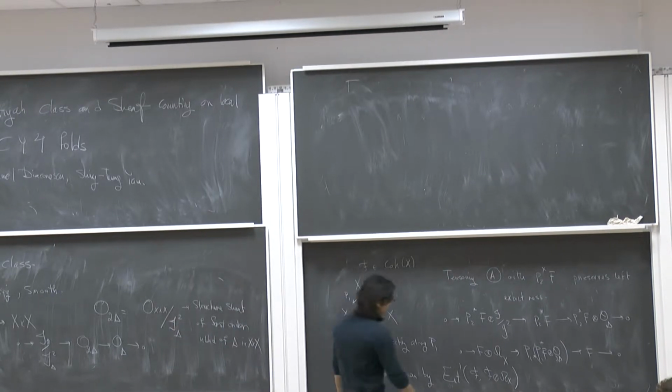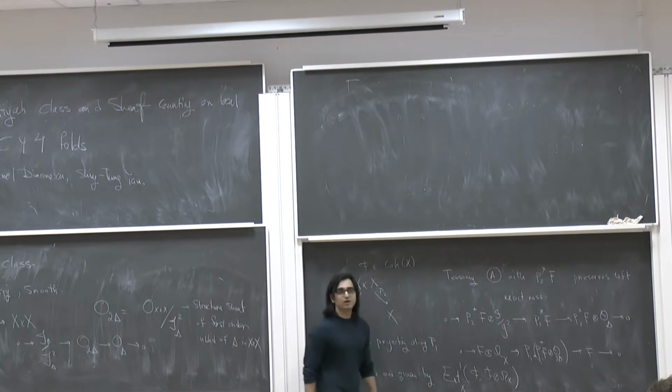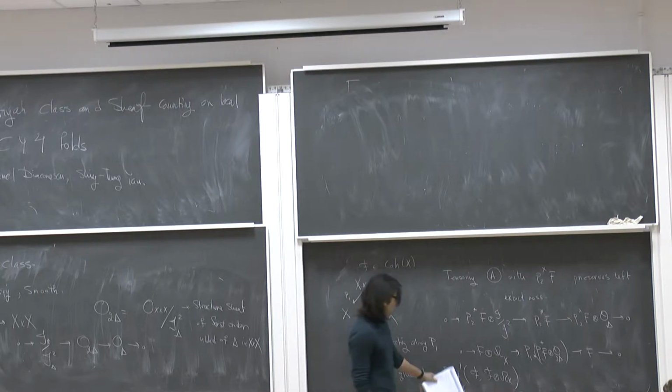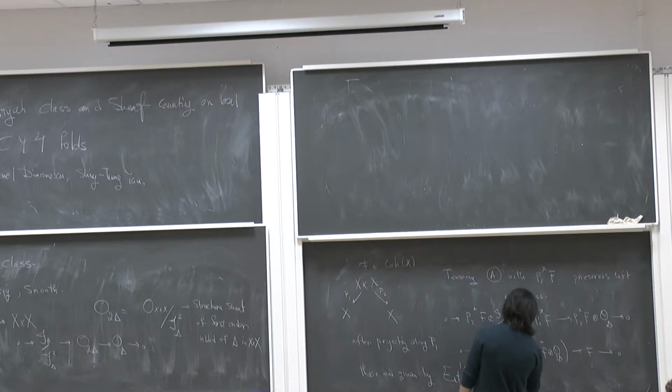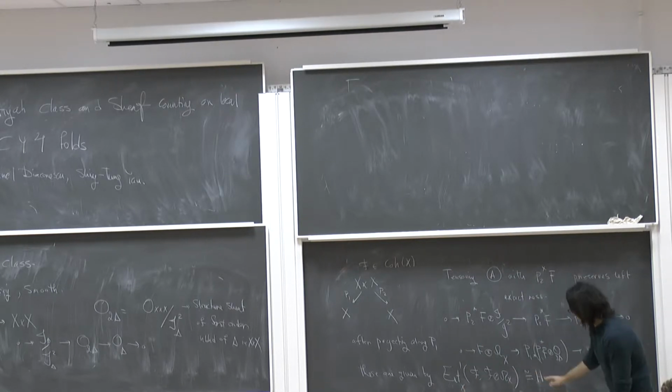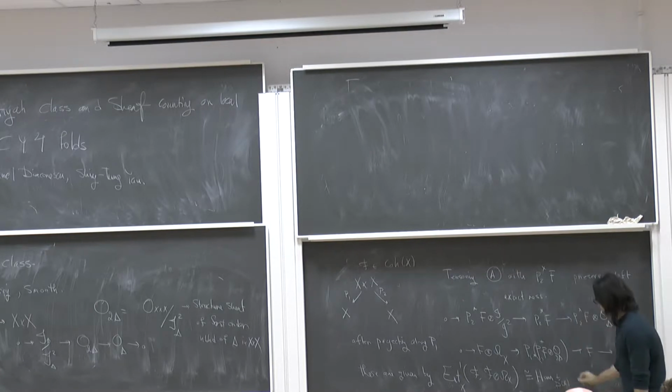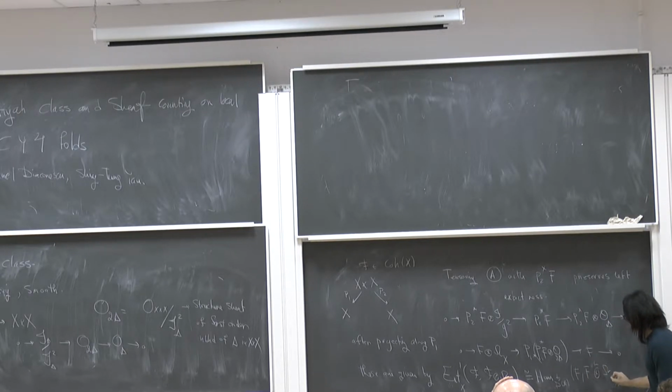Which in fact you can also realize as a morphism in the derived category of X, because as a group it is isomorphic to the homomorphisms in the bounded derived category of X from F to F tensor the sheaf of differentials, shifted by one.